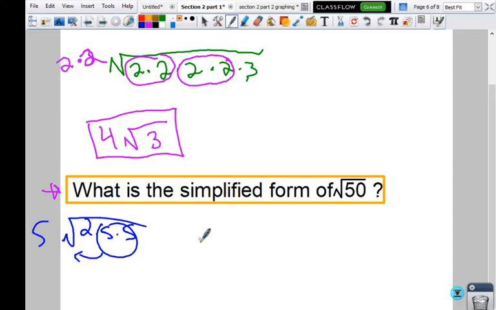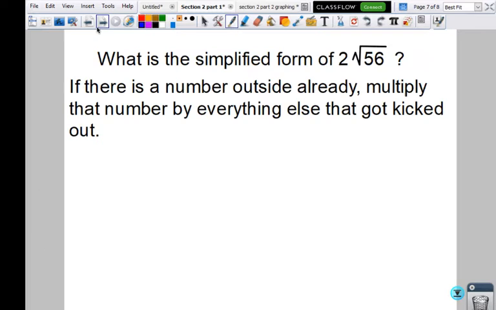A pair of fives got kicked out, right? But I'm only gonna write down one of them. So what am I gonna have on the outside? 5, and then square root, and what's left inside my square root? Two.